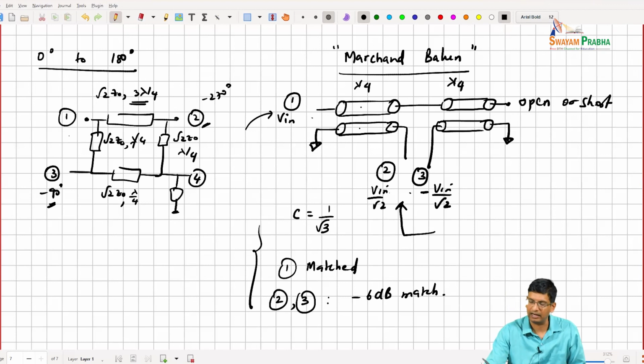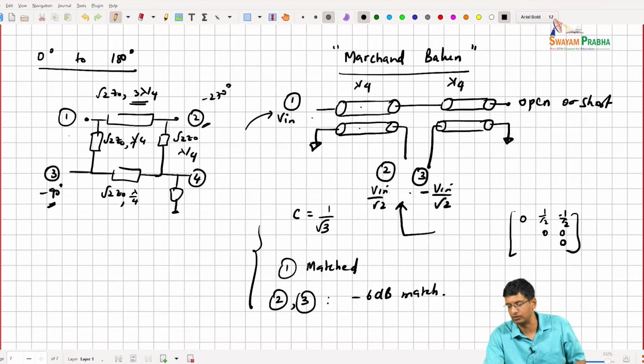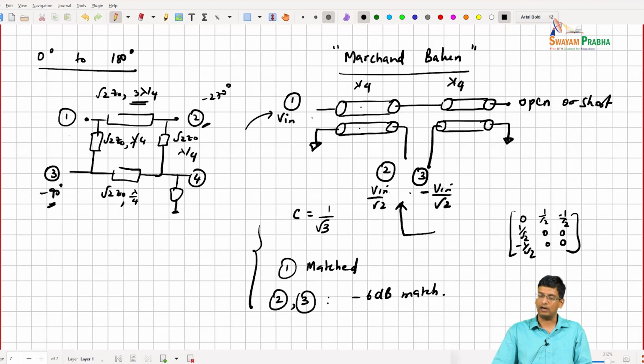So for an ideal balun you would like 0 0 0, right? And then you would like to have 1 over root 2, minus 1 over root 2. You would have 0 over here, right? Because you want isolation between the ports. And then you want 1 over root 2, minus 1 over root 2, right? And 0 over here. So that kind of structure is not feasible, right?